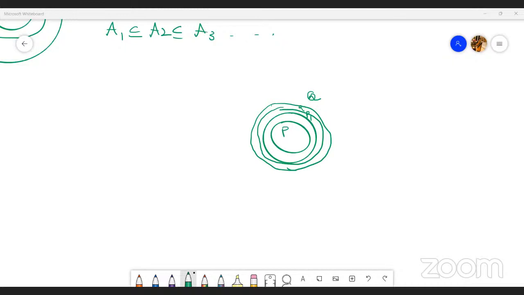Okay. Next, this is for 5 marks. Let P be an ideal of a ring R such that P is a maximal member of the class of all annihilator ideals of non-zero elements of R. Then P is a prime ideal.